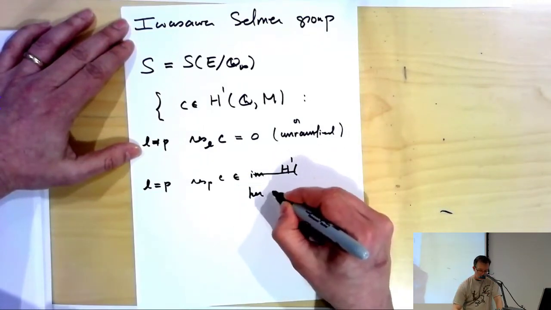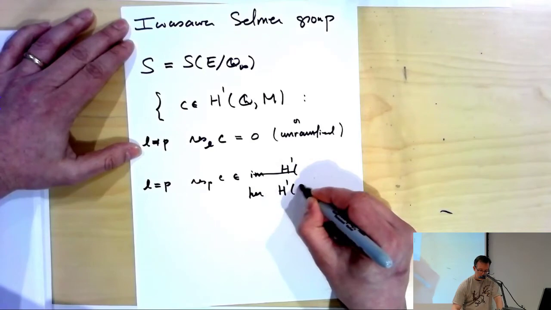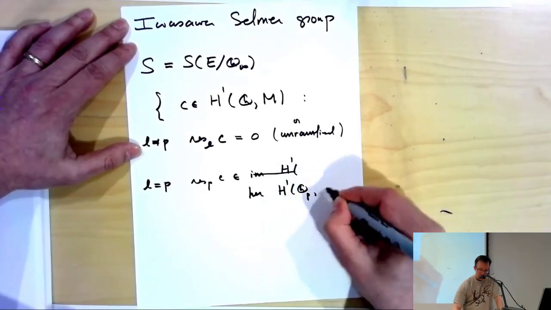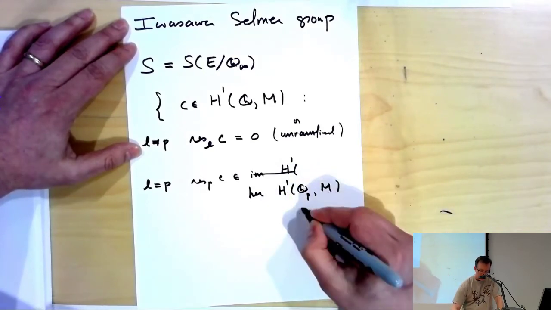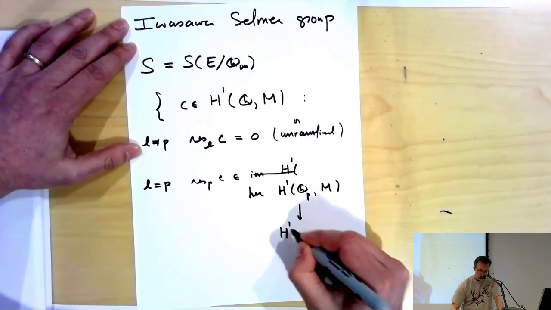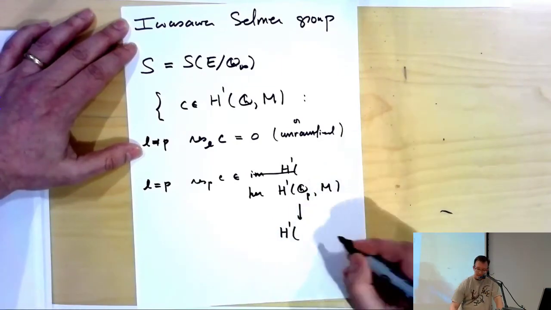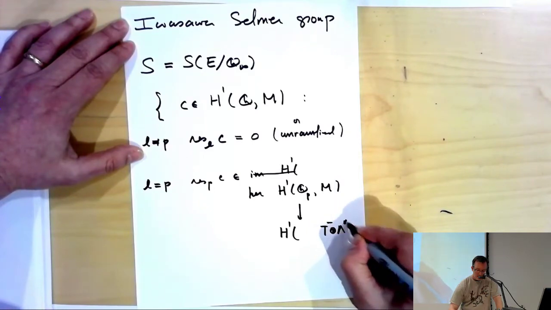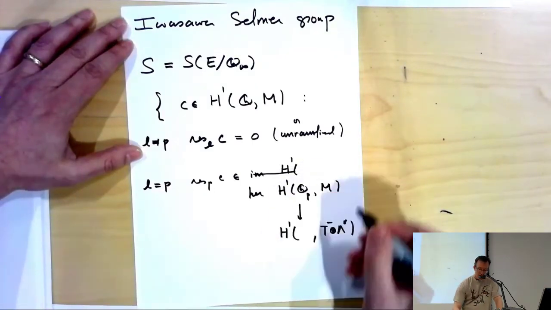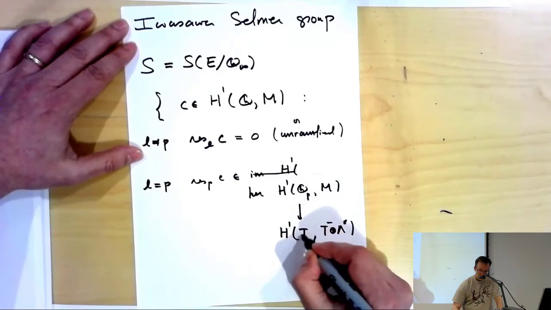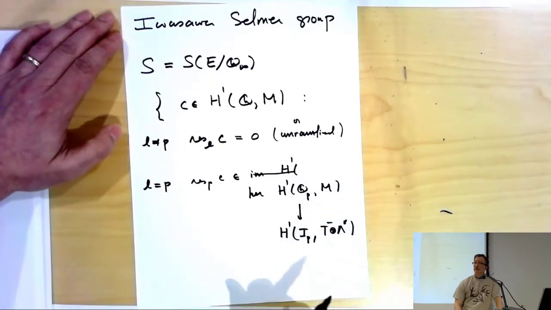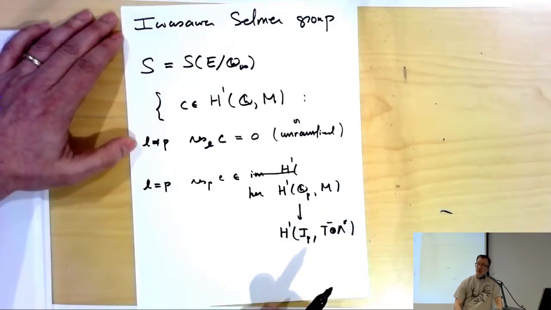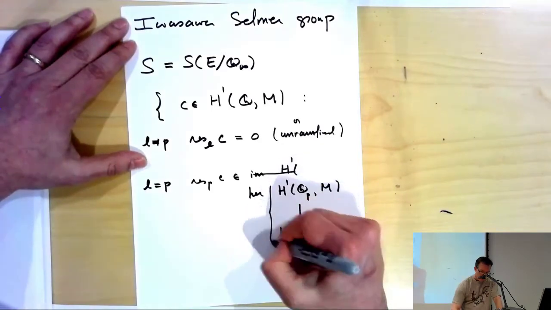So it's in the kernel of the map from H1. Of course, when we restrict, it lands in H1 of QP with coefficients in M, and then we project to the minus part. So that's just T minus tensor lambda star. But I'm going to ask not just in QP, but I'll say unramified. So it vanishes when we restrict to the inertia group. So in the kernel of that.